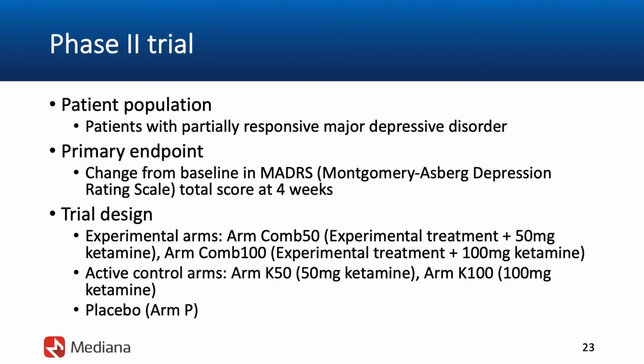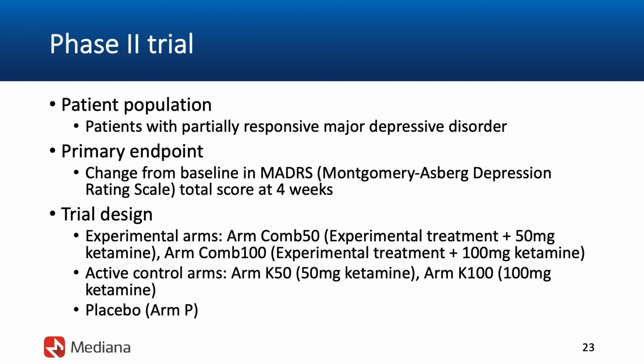From the trial design perspective, this was a 5-arm trial, as you see at the bottom of the slide. The experimental treatment was given in combination with ketamine, which is a by now well-established treatment for major depressive disorder. There were 2 experimental arms.